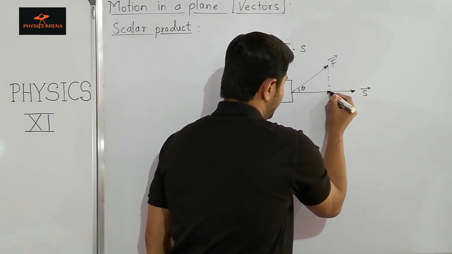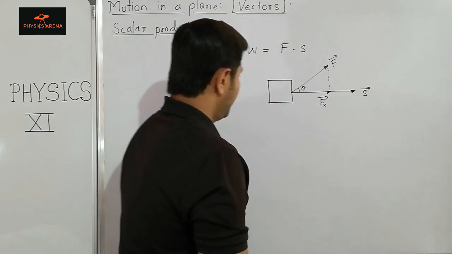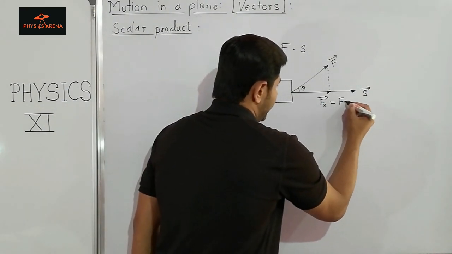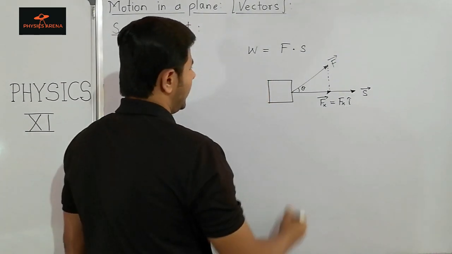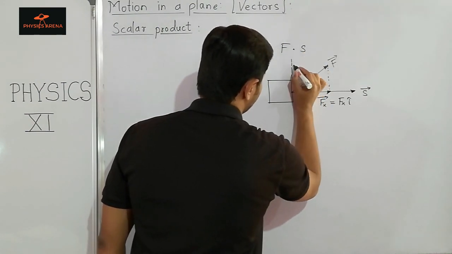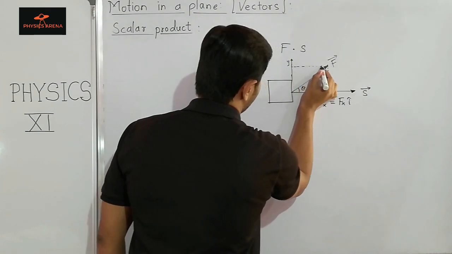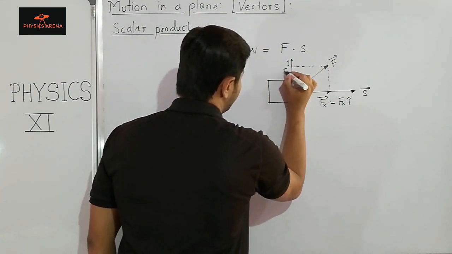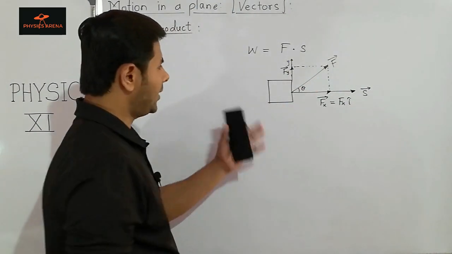This is the x component, Fx bar, which is Fx into i cap, and on this y-axis this is the y component, Fy bar, which is Fy into j cap.